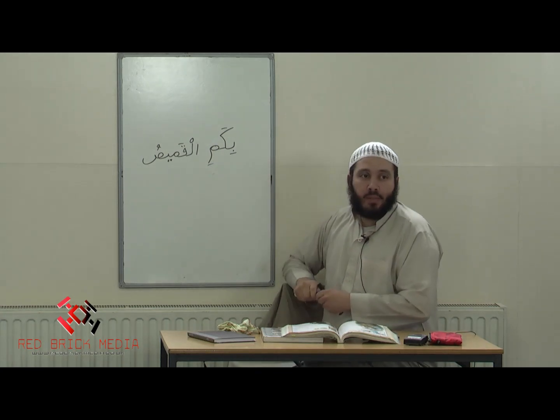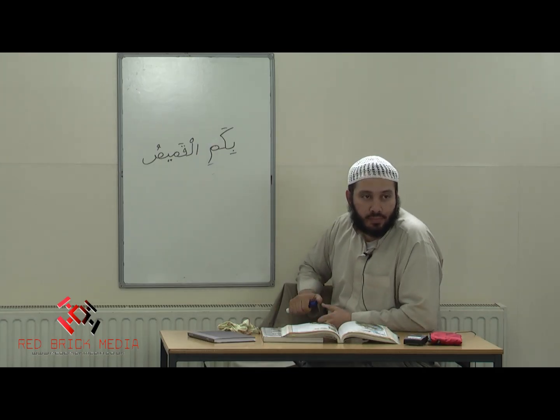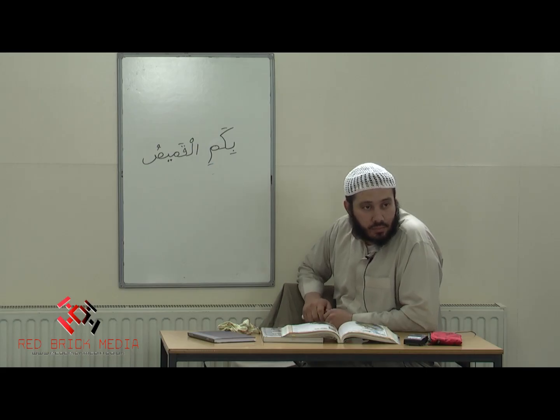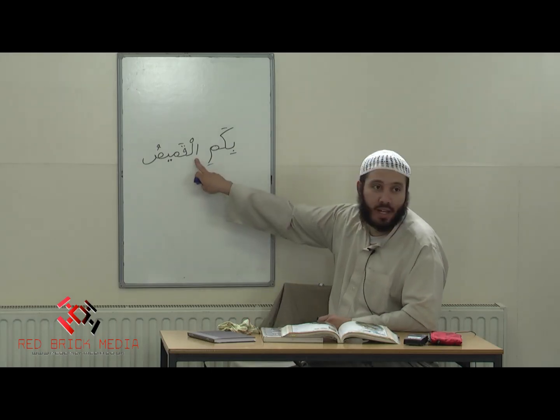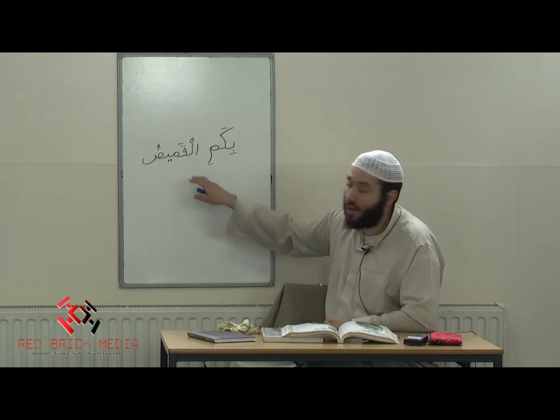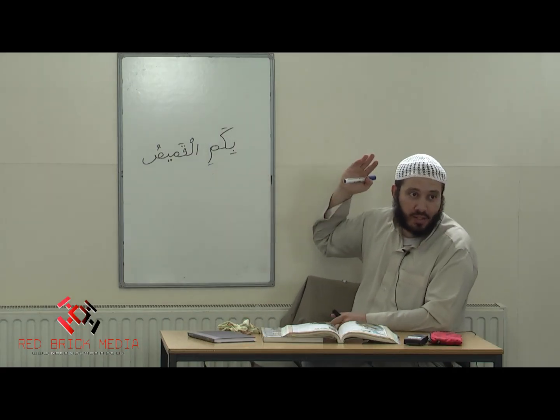Bikamil qamis. Is the alif the same as in English when you have a silent letter, like night, K-N-I-G-H-T? Yes, the K is silent. This one is silent. It has no effect, only in the beginning of the sentence.